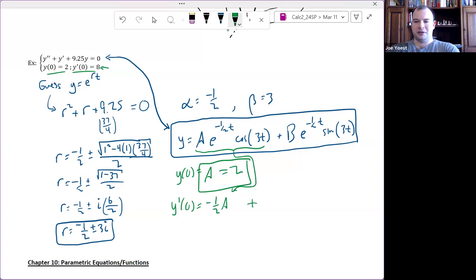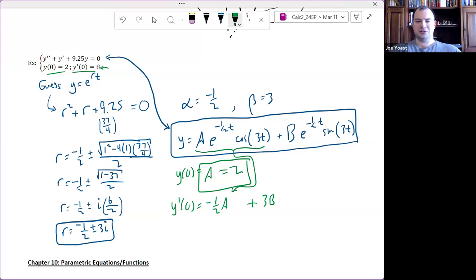What about my second term? When I differentiate the exponential in the second term, I'm left with a sine, and sine of 0 is 0, so that term goes away. When I differentiate the sine, I get a cosine. So sine of 3t differentiates to cosine of 3t times 3, so I get 3b e to the negative 1/2 t cos of 3t, but plugging in t equals 0 makes the exponential and the cosine both 1.